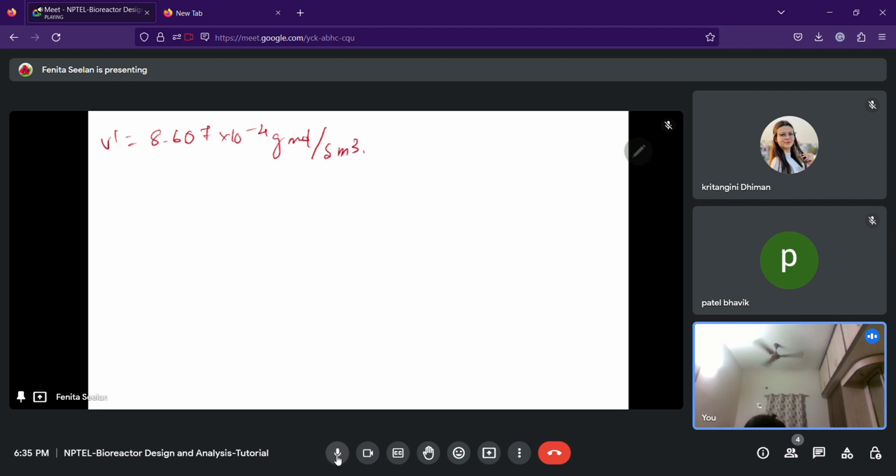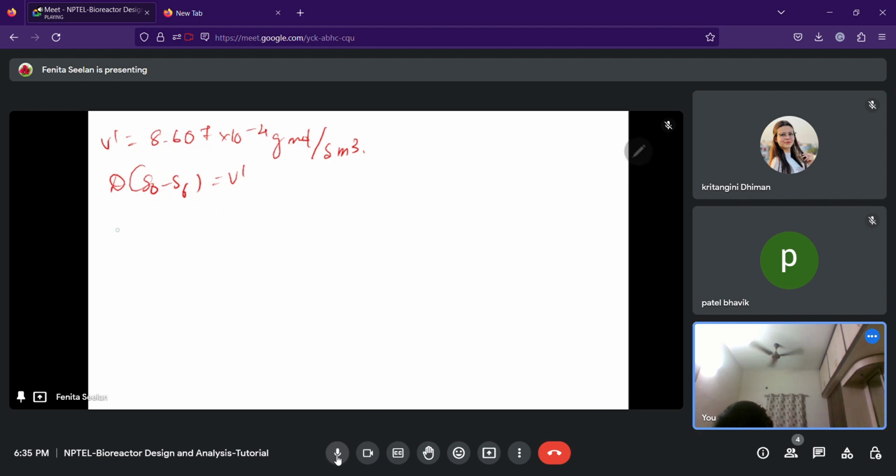So if we substitute, this is the steady state transfer of substrate reaction rate. The formula which I had given before is D(S0 - Sf) = V dash.